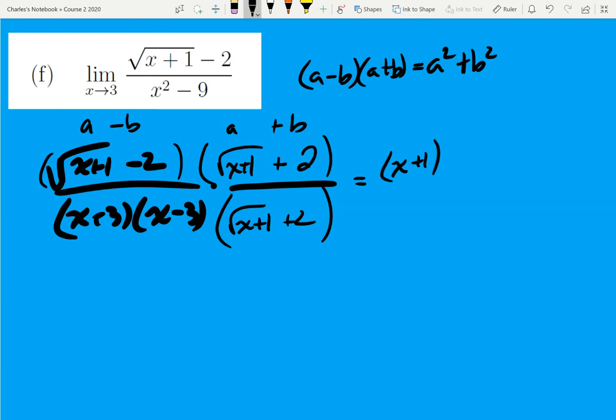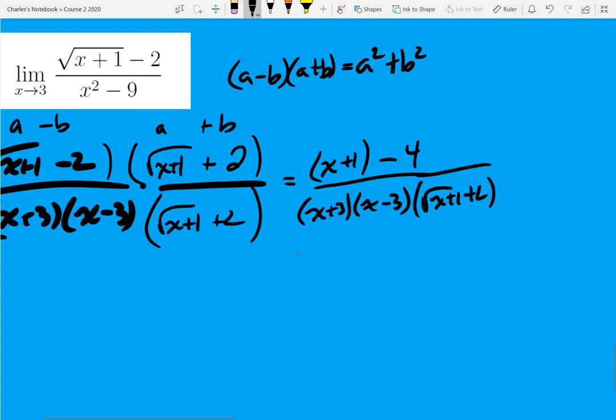So I'm going to have x plus 1 minus b squared, which is 4, divided by x plus 3, x minus 3, square root of x plus 1 plus 2. What does that become? That becomes x minus 3 divided by x plus 3 times x minus 3 times the square root of x plus 1 plus 2.